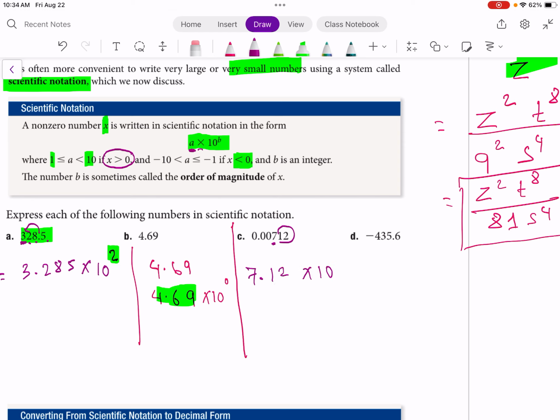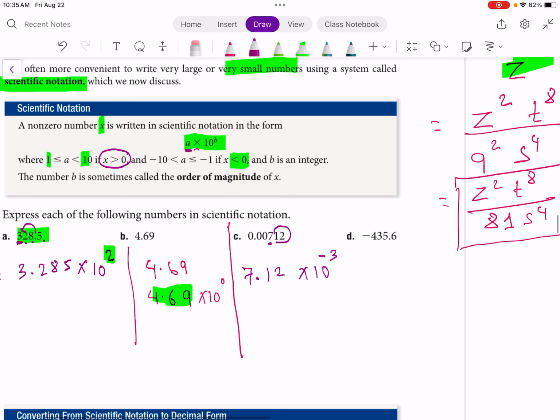Now how far do we move our decimal to the right? 3, right? And when you are moving to the right, you have the negative exponent. If you are moving to the left, positive exponent. So this is 7.12 times 10 to the power minus 3.